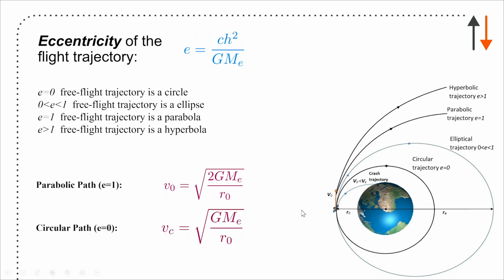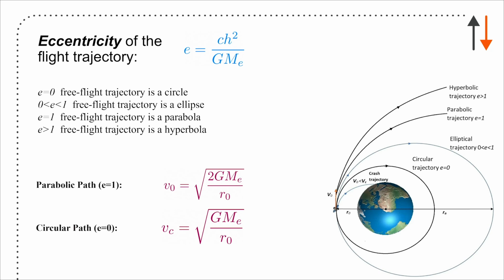We also have another situation where E is equal to 0 and the path will be circular. The speed vc required to launch a satellite into a circular orbit can be calculated like this, which is the square root of GMe over r0, provided that r0 represents a minimum height for launching in which frictional resistance from the atmosphere is neglected, or basically we are entering the free flight trajectory and there is no drag force.